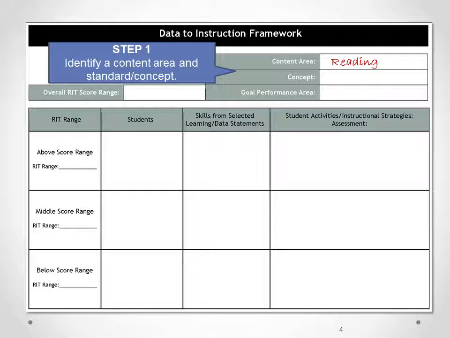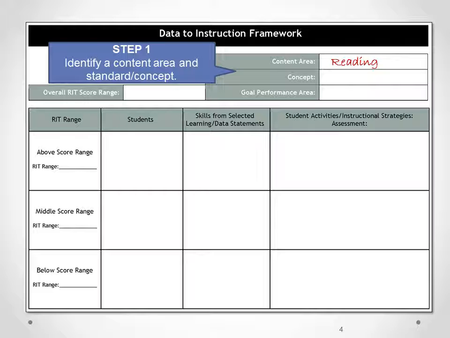In the Descartes Learning Continuum, each subject is divided into categories called main goal strands. The main goal strands are then broken into 10-point RIT ranges based on difficulty. Within each RIT range, the sub-goals are further divided into skills and concepts. These skills and concepts are tested on the MAP assessment as well as state assessments.